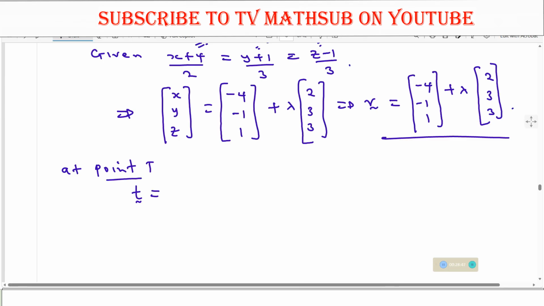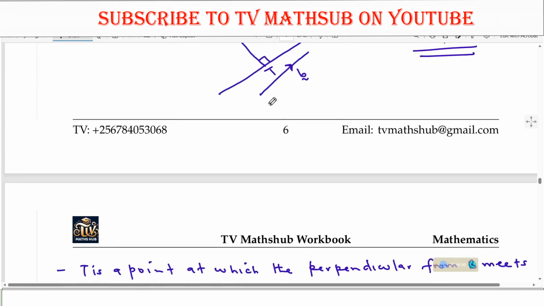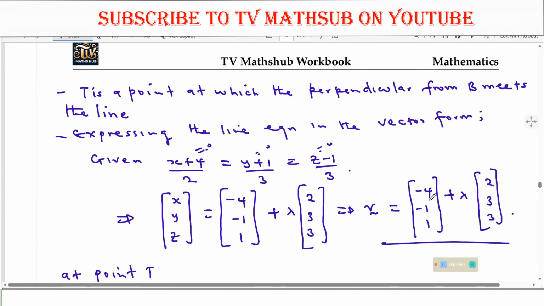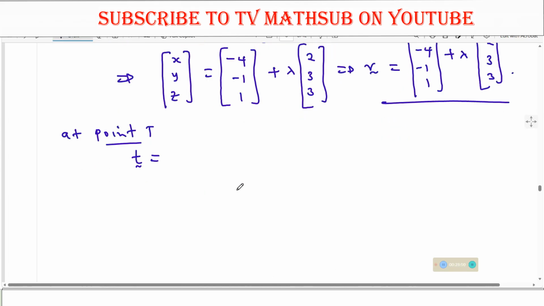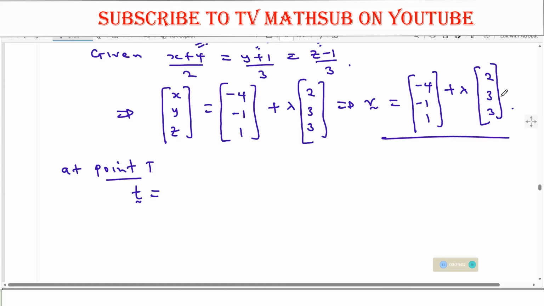Where there is r, we are supposed to put the position vector of T. So we shall have -4, -1, 1, plus lambda into 2, 3, 3.